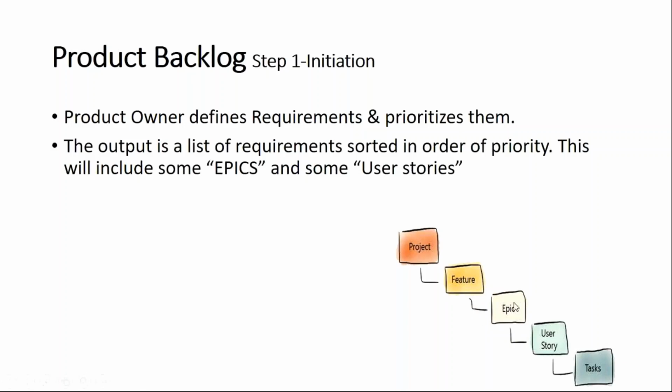Billing functionality is an epic; we cannot build that directly. In billing, we'll have credit card, net banking, and various other ways to pay, and those will be at an epic level. Again, in net banking, which banks you are going to have will come as a user story. In that, the various tasks you will write, such as a radio button or a checkbox, will be at a task level.